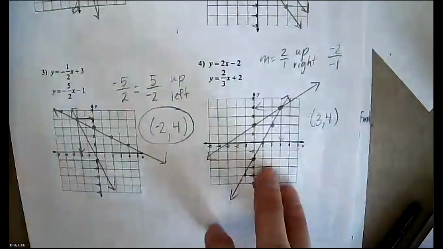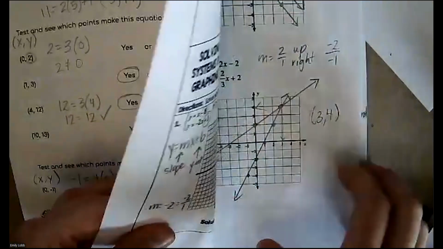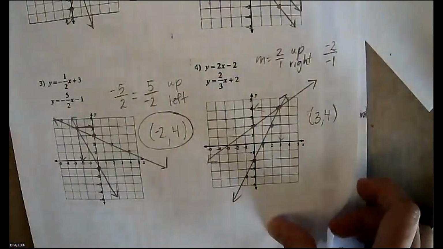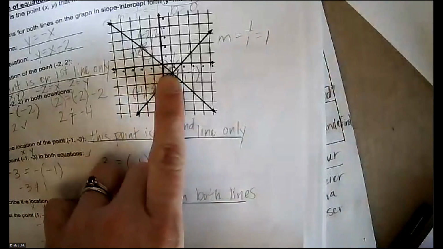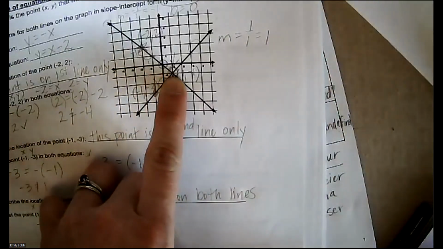All right. Finally, there are 2 parts on the back. One part looks just like page 13 and 14. So 13 and 14, this is 13. You're going to be given a graph and you need to label the point of intersection.